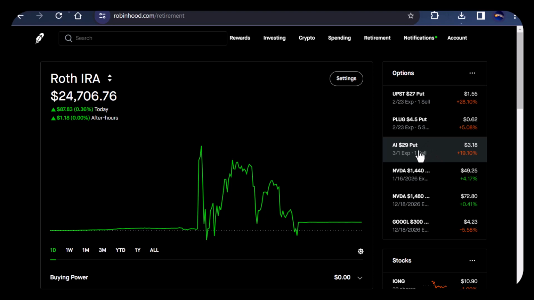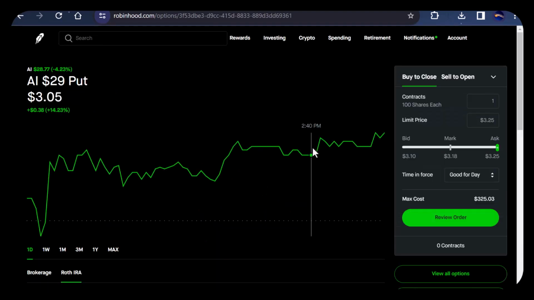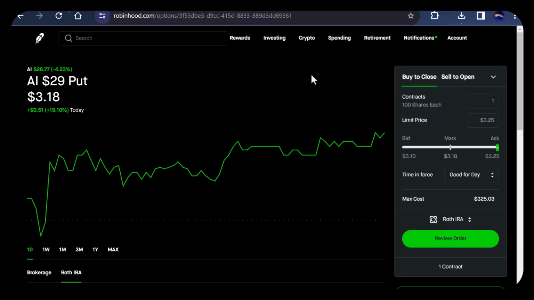For example, I sold this put on Stock AI on expiration date March 1st. If you believe in a stock especially, they have an earnings announcement about a few days before that.